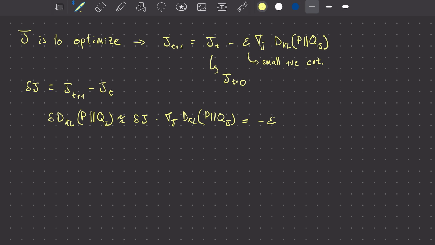It can be substituted by that, and then this is multiplied by the absolute value of the gradient of the divergence again here.